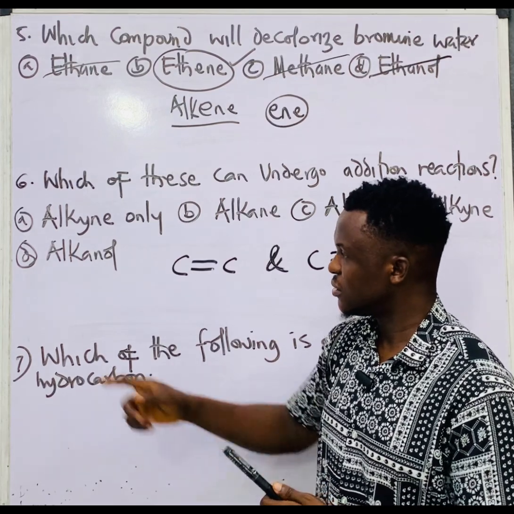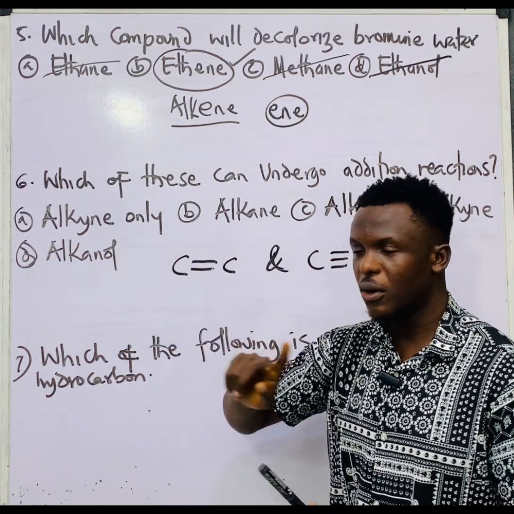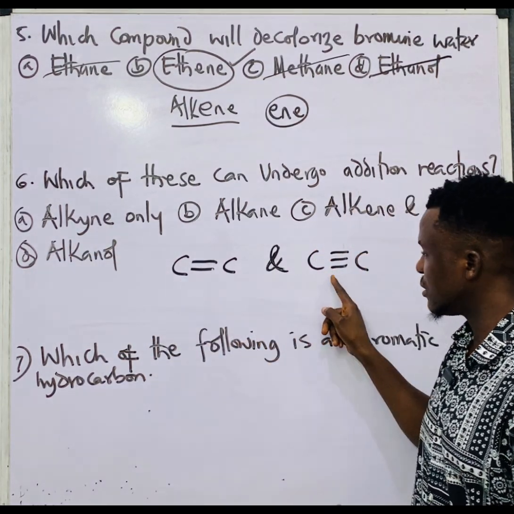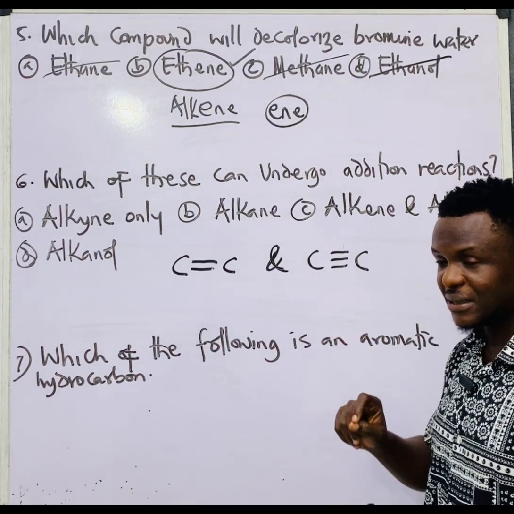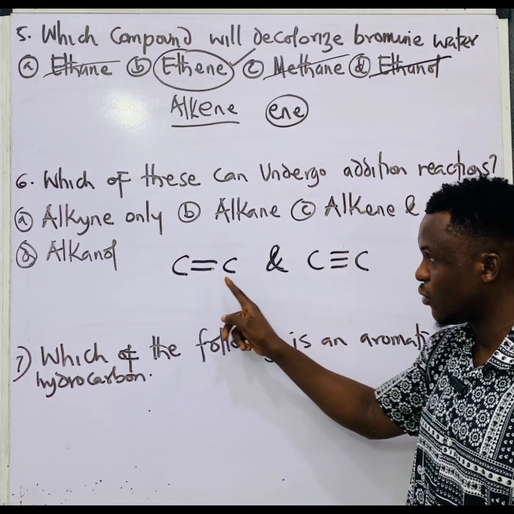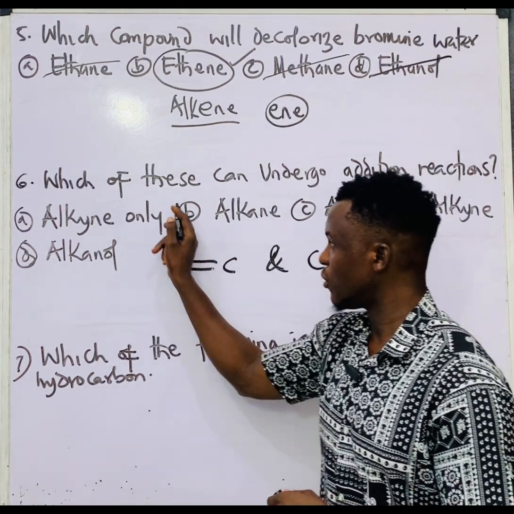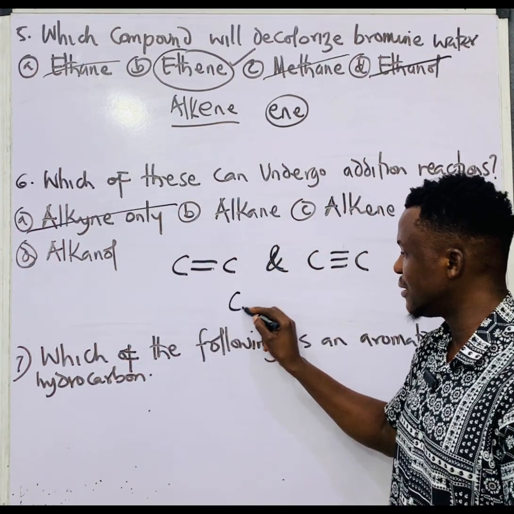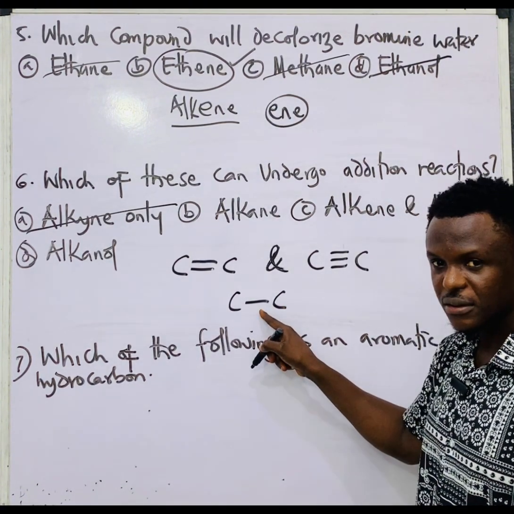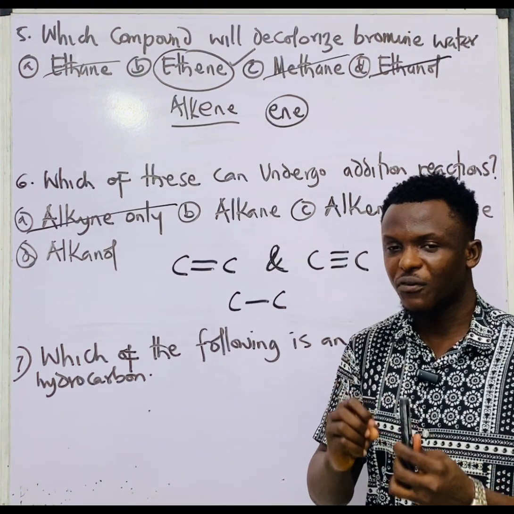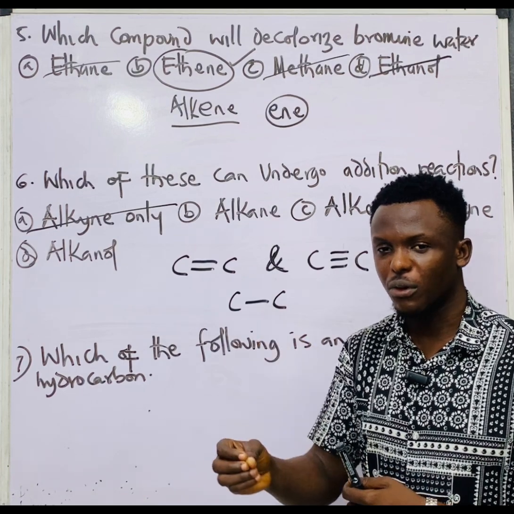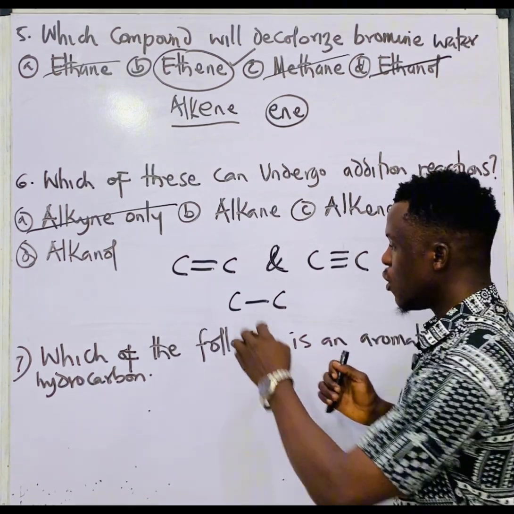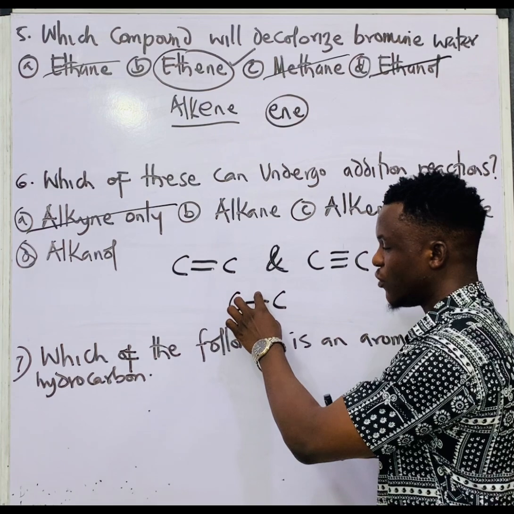And if you look at the options, they said alkynes only. No, alkynes are compounds that contain a triple bond. Remember I said it is compounds that have a triple bond and a double bond. So this is not the correct answer. They said alkanes. Alkanes contain single bonds, so it will not. Addition reaction is a type of reaction that takes place where there is a double bond or a triple bond, whereby you add across the double bond and reduce the double bond.